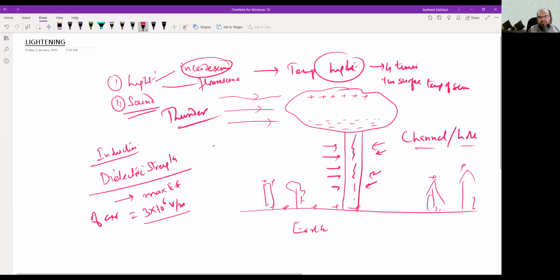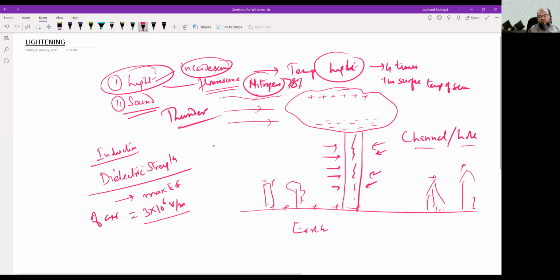And then the same temperature will be sufficient for causing fluorescence in the nitrogen gas, which is abundantly available. You know that this is 78% of the atmosphere. So nitrogen is undergoing fluorescence, and the remaining air molecules incandescence, and because of this we are receiving the light in the lightning.